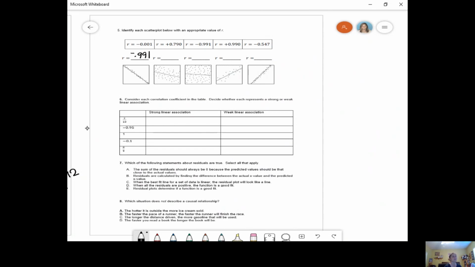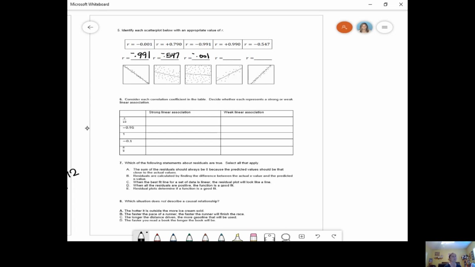Okay, this one versus this one, still negative, right? But these are closer than these dots. So we are going to say it's this one, negative 0.547. And then this one would be even further, which would be -0.1.